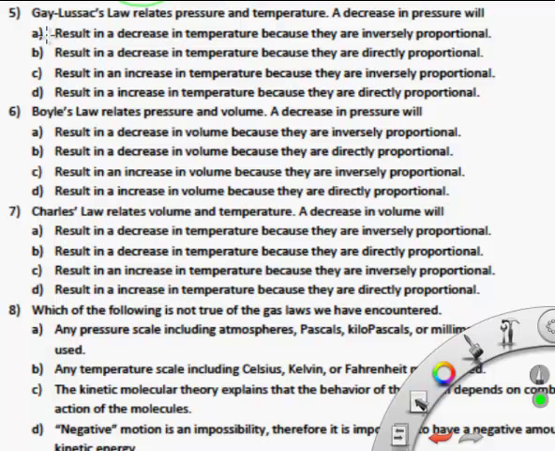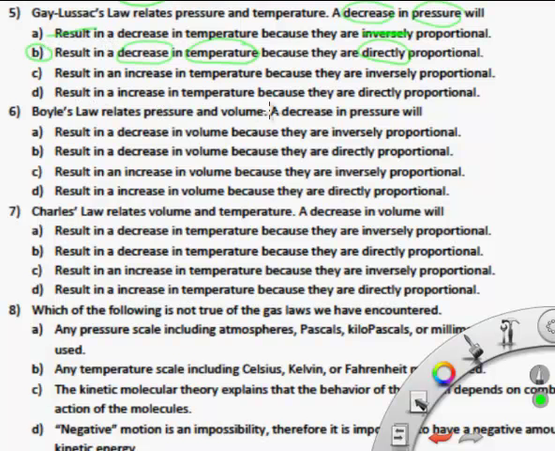That's incorrect because they are directly proportional. Since they're directly proportional, a decrease in pressure will result in a decrease in temperature. The answer here is B.